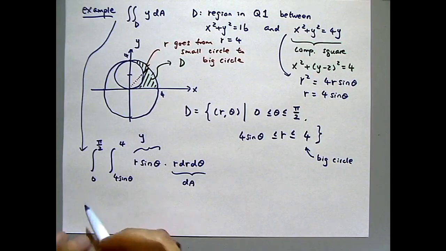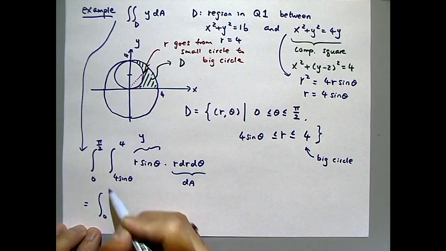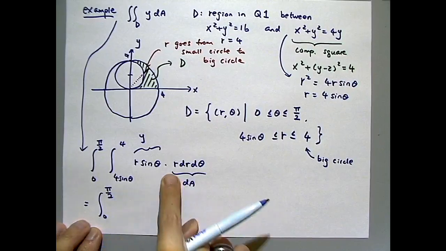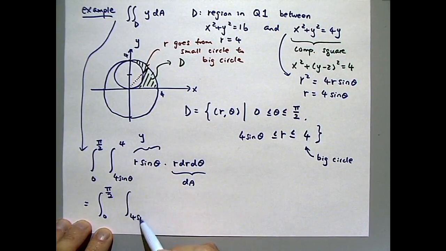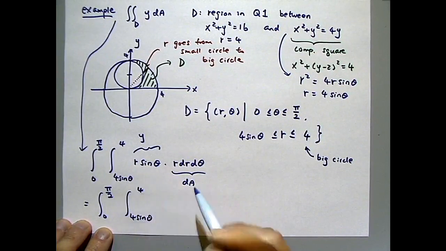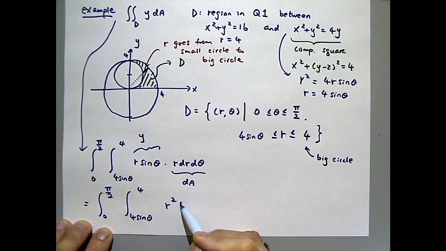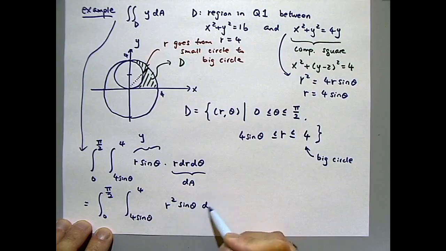All right? Let's keep going. 0 to pi over 2. I have two r's here, so r squared. 4 sine theta, 4 r squared sine theta dr d theta.